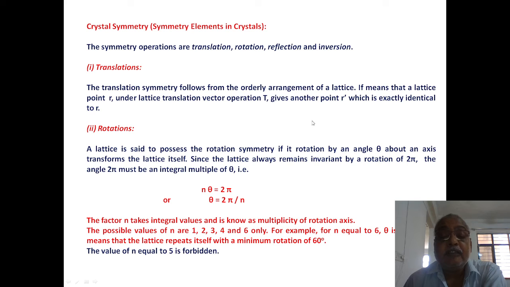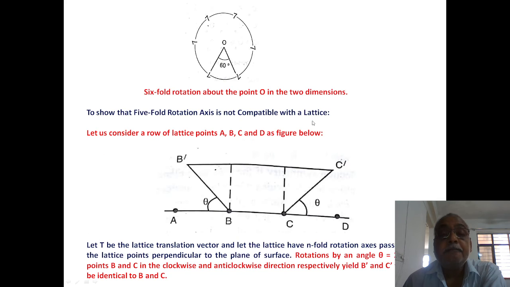Even n is equal to 7 is also not allowed. ये दिया 6 for rotation about point O in 2 dimension. तब अगला क्वेश्चन आता है कि 5-fold axis is not compatible with a lattice, मतलब n is equal to 5 जो है सो not compatible with the lattice.